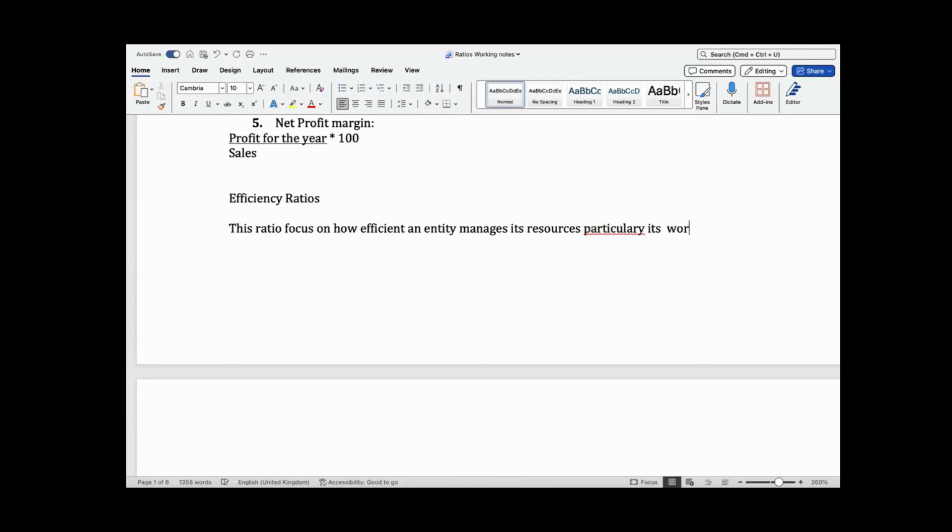How well are you managing your working capital? So if you want to have an understanding of that, come to efficiency ratios.